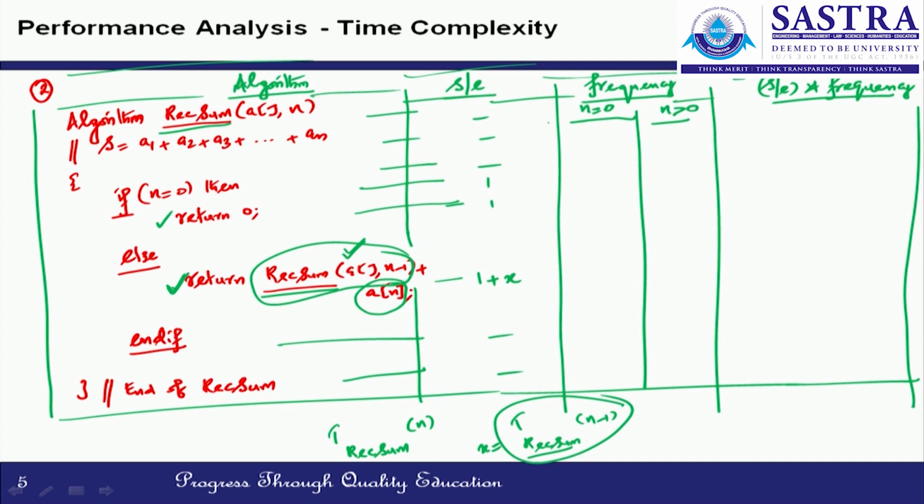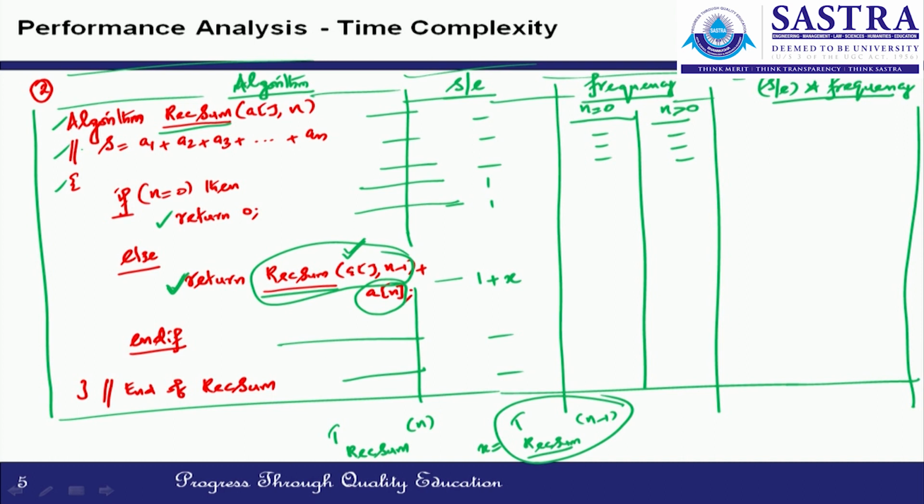Now consider these lines: algorithm, a comment line, opening curly brace, the first 3 lines, here also the first 3 lines, I put hyphen.